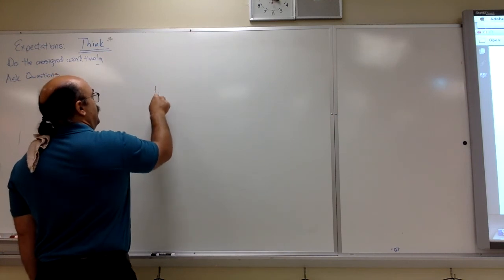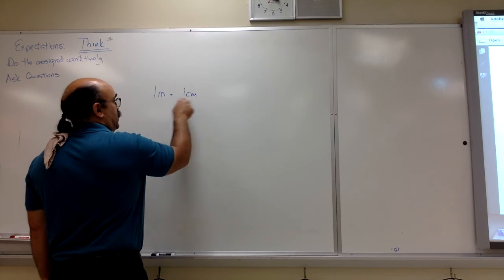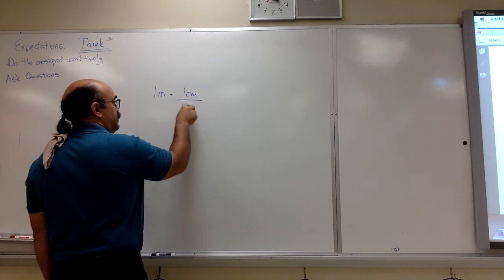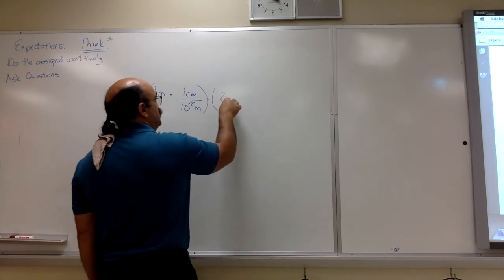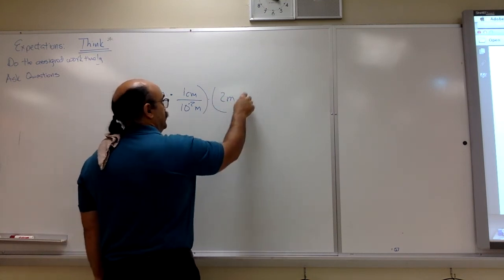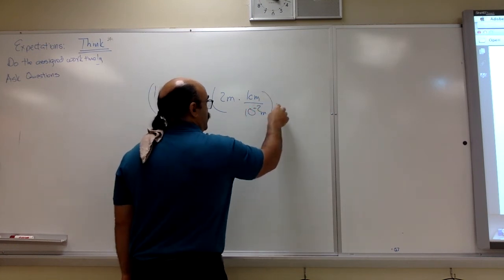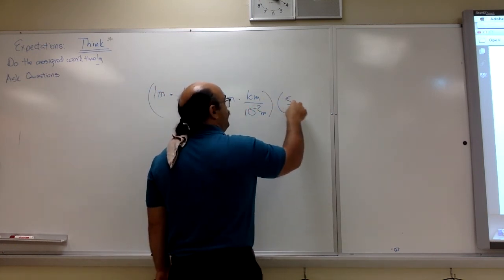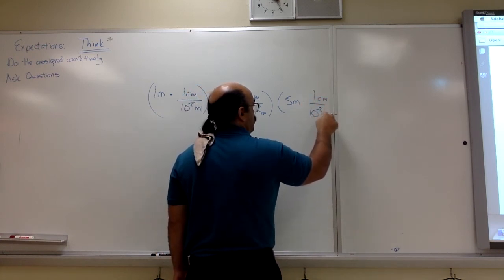So I've got 1 meter times 1 centimeter per 10 to the minus 2 meters, times 2 meters times 1 centimeter per 10 to the minus 2 meters, times 5 meters times 1 centimeter per 10 to the minus 2 meters.